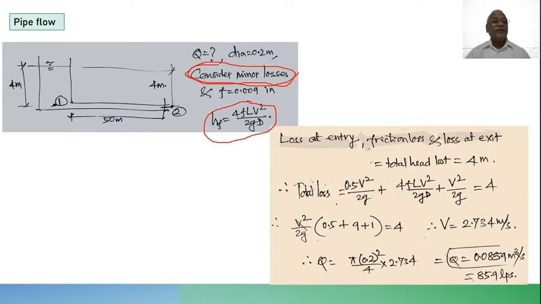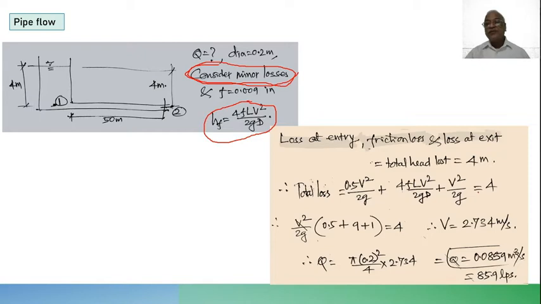Now if I go on writing the expression, entry loss is 0.5 V squared by 2g. We know the expression, or we should remember them. Plus friction loss is 4FL V squared by 2gD, plus exit loss is simply V squared by 2g, and all this should sum up to 4.